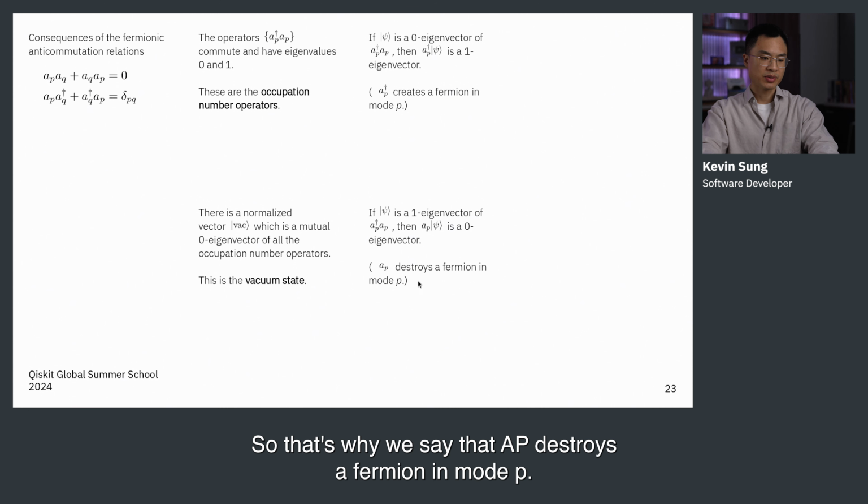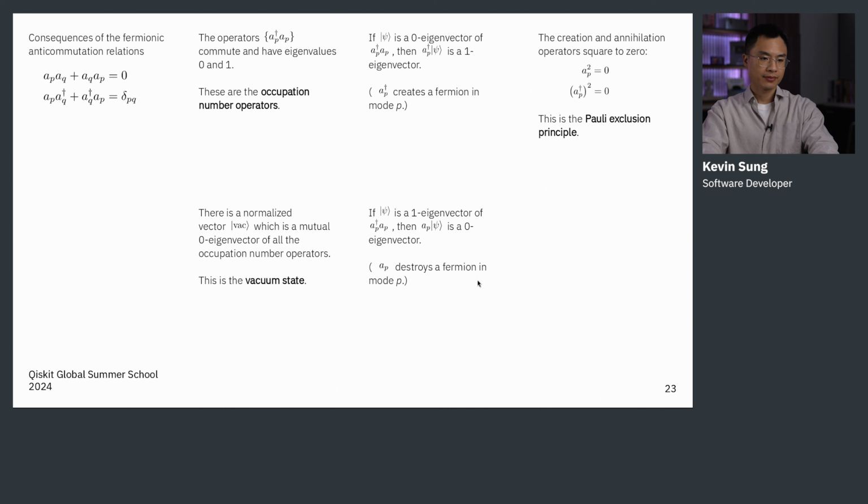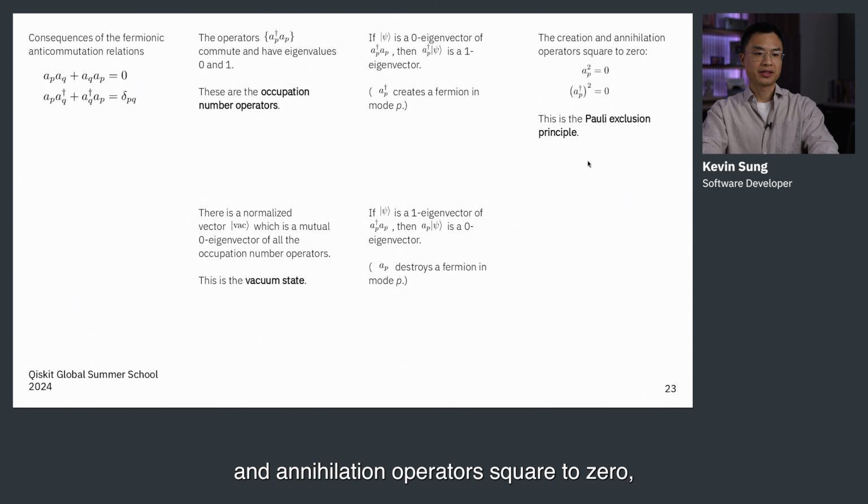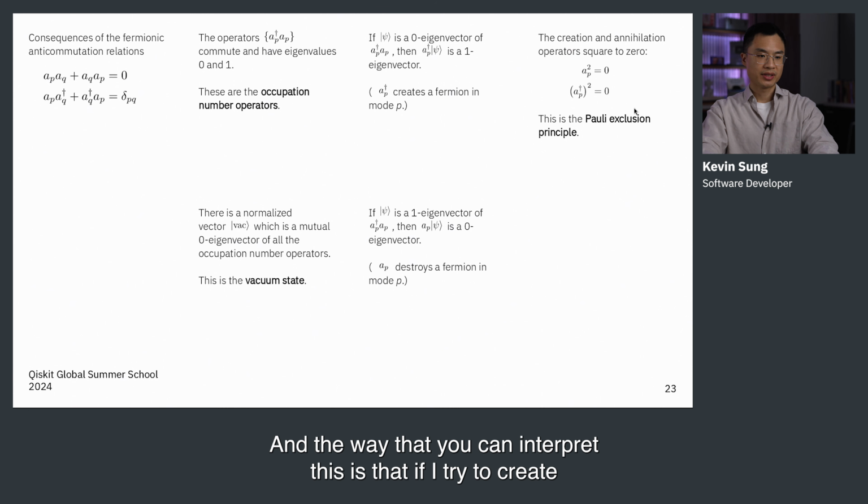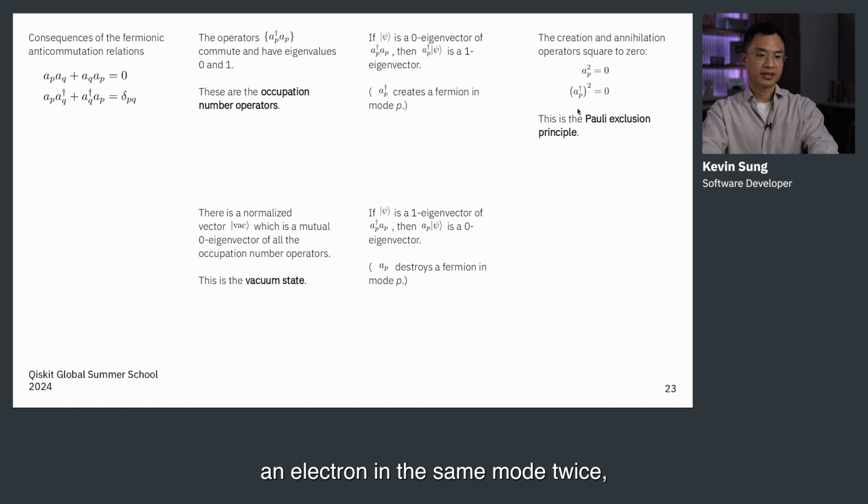That's why we say that a_p destroys a fermion in mode p. We also note that the creation and annihilation operators square to 0. This is one manifestation of the Pauli exclusion principle. The way you can interpret this is that if I try to create an electron in the same mode twice, well, you can't, because the result is just 0.